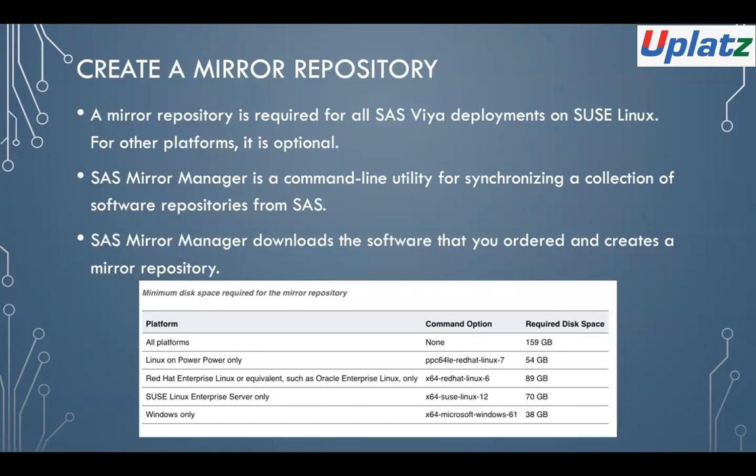And this mirror manager can be downloaded along with your software order, and then it will help you to create the repository. The mirror manager can also create the repository in a specified location, such as a shared NFS mount point or a web server that has files on HTTP.